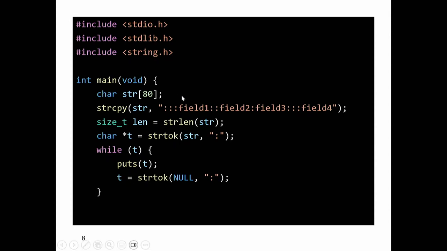The first time, it returns a pointer to that f. The second time, a pointer to that f. The third time, a pointer to that f. The fourth time, a pointer to that f. If you call it again, it returns null. So while that pointer is not null, I'm just going to print out the token, and then call strtok again, this time passing in null.